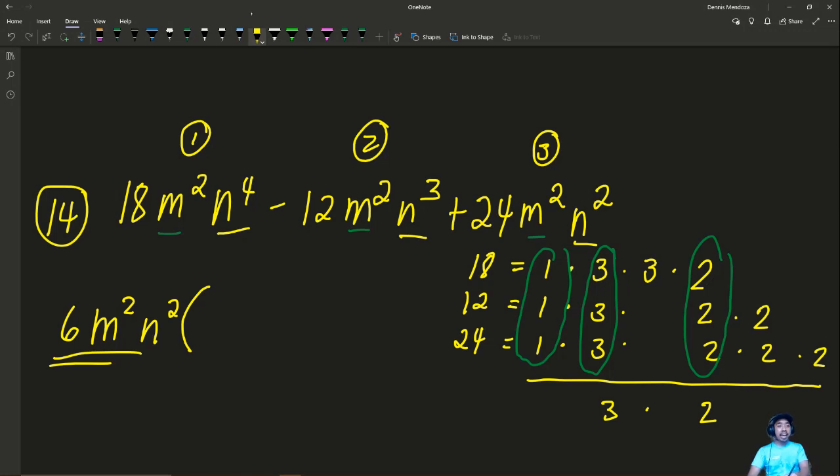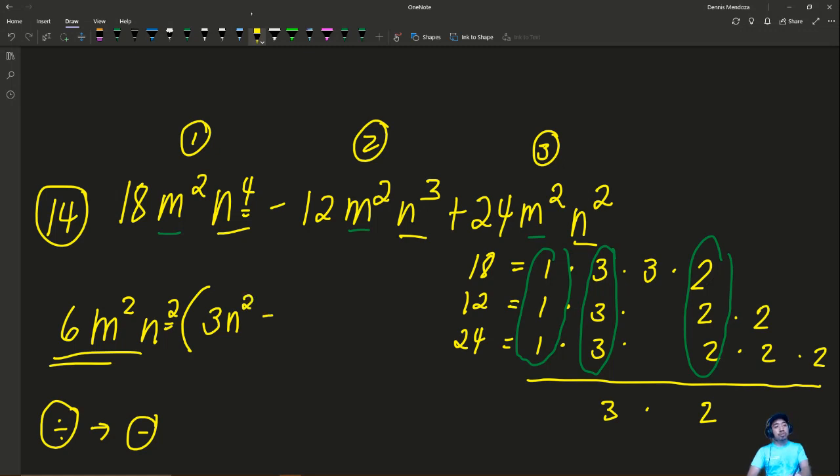Okay? 18m squared n to the fourth, divided by 6m squared n squared. So 18 divided by 6 is 3. And then m squared and m squared, it's just gone. It's just 1, so no need to write. And then n to the fourth divided by n squared. So again, divide means to subtract. So 4 minus 2 is 2.